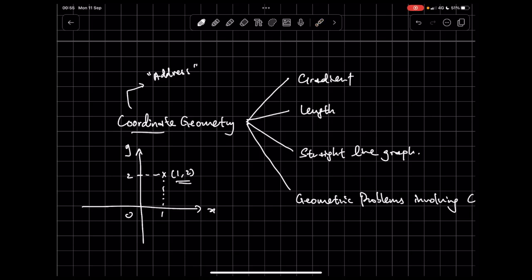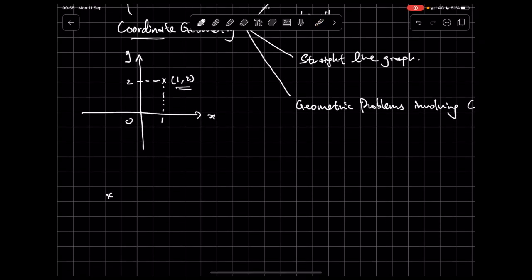Maybe for example, let's say I have 2 points and if I join them, I get a line segment that goes in a so-called direction. This so-called direction is what we call the gradient of the line segment. So let's say I have another 2 points, and I realize that they look like they are going in the same direction. We say that they have the same gradient.